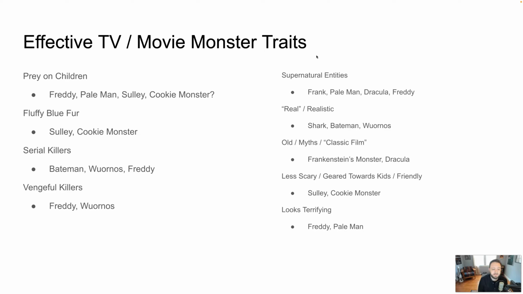All of these things are claims to be made about what makes an effective movie or TV monster. These are traits that they have, traits that they share. And we're making connections between these various sources. And that's really what synthesis is: taking these things that might not on their surface seem connected and making connections between them.